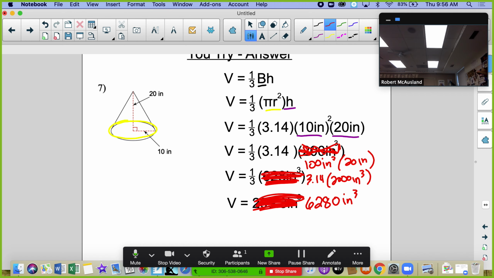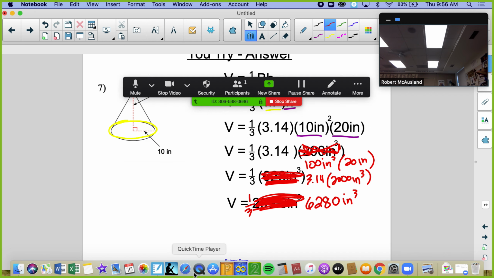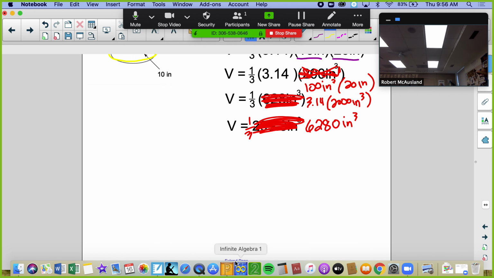And then we're going to multiply that by 1/3, and you're going to get 2093.3 repeating. So a little bit off, just one decimal point off, and that's inches cubed. That's the volume of that cone.